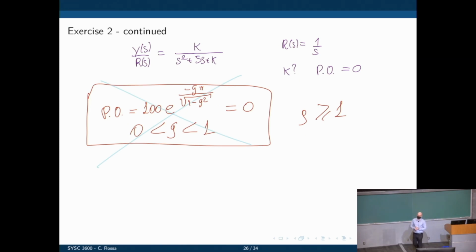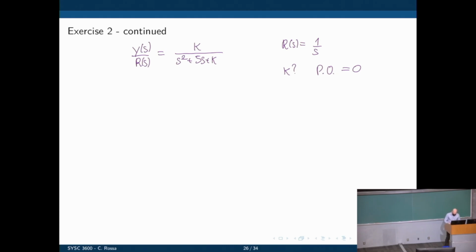We can't do it that way. I'm insisting on this because it's a very common mistake to make. We can't simply replace percent overshoot equals 0 because that entails zeta greater than 1, and this equation was derived for zeta between 0 and 1.